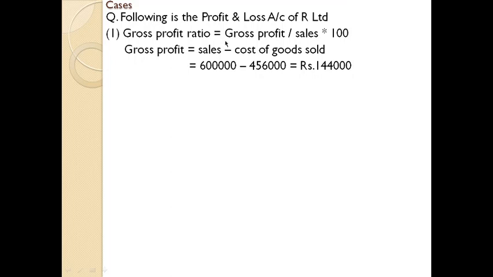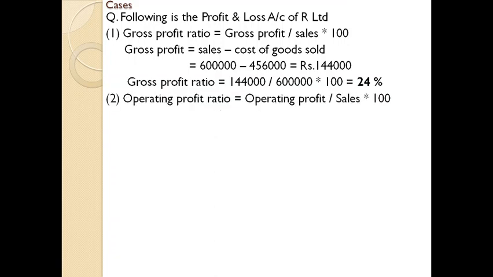And the equation was that gross profit ratio is gross profit divided by sales into 100, where gross profit is 1,44,000 divided by sales, which is 6 lakh, into 100, you will get 24%. And remember, unlike the other three heads, in profitability ratios the result is represented in percentage format. Remember that concept.